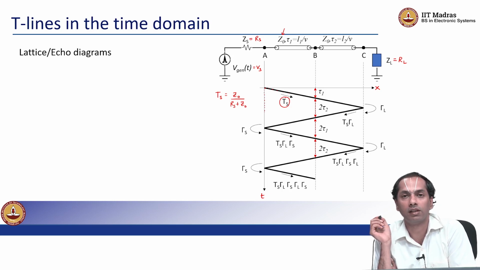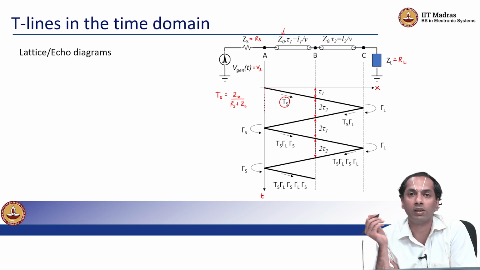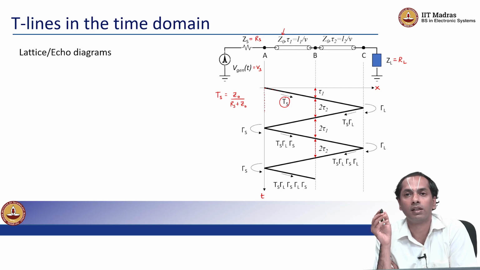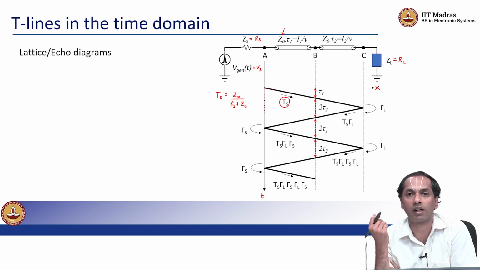So, this is the lattice diagram or the echo diagram, right. So, the reason why we call this echo diagram is quite natural, hopefully. It is almost like these voltages are sort of bouncing back and forth between the load and the source, right, trying to establish some kind of a steady state.